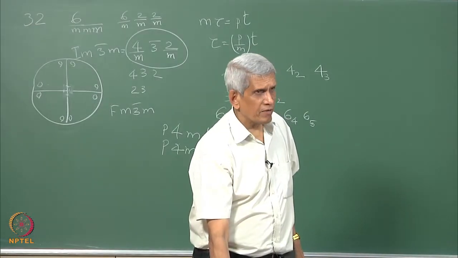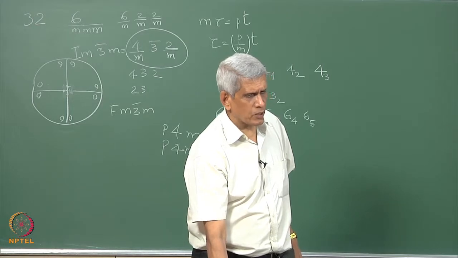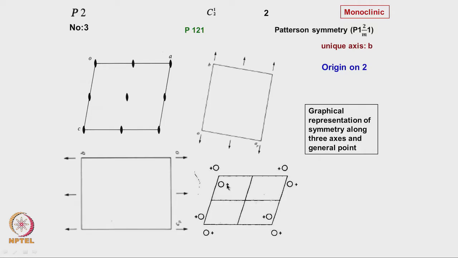Because of that, the motif is placed at some position with respect to the coordinate system which has been chosen, the origin of the coordinate system being here. Then around this axis which is perpendicular to the plane of the screen, since it is a 2-fold rotation, another motif will come at a 180-degree rotation, correct?